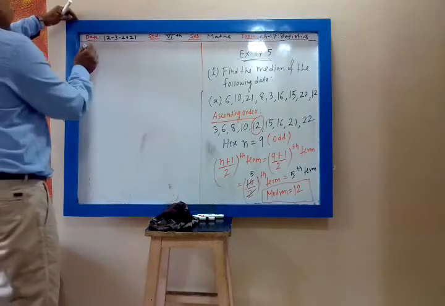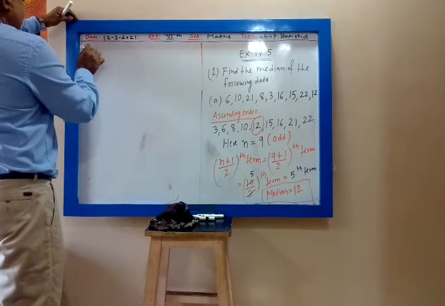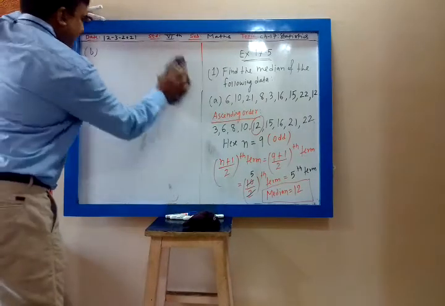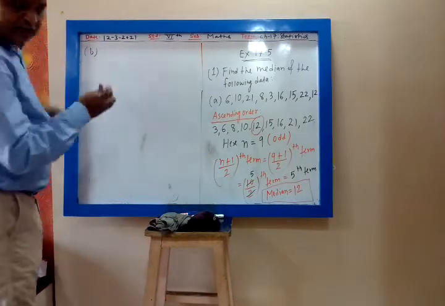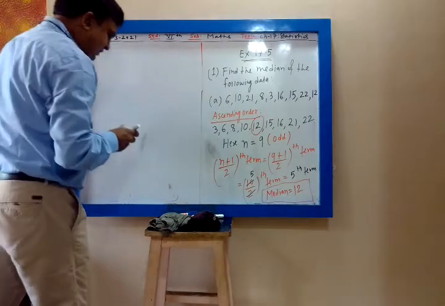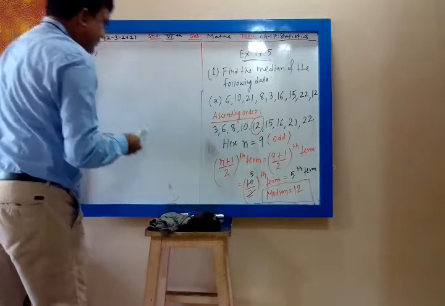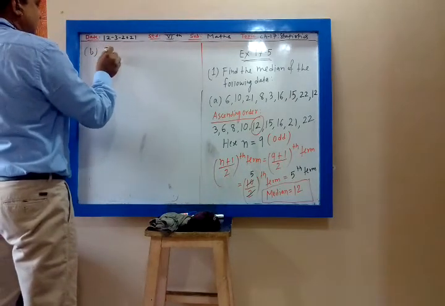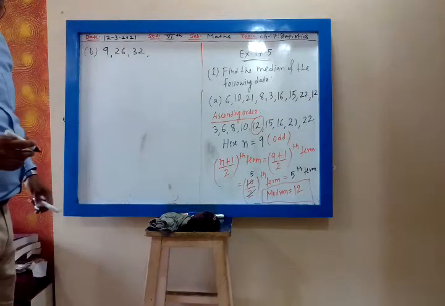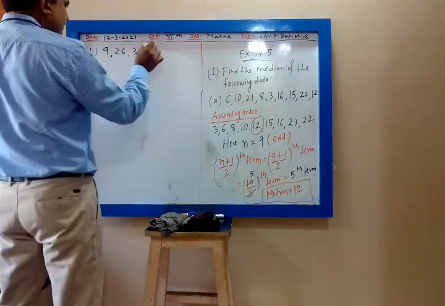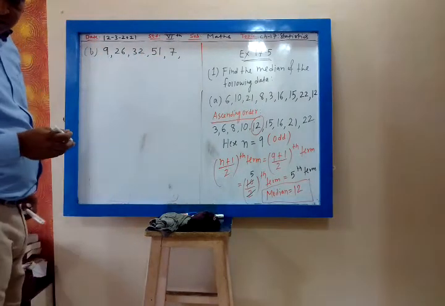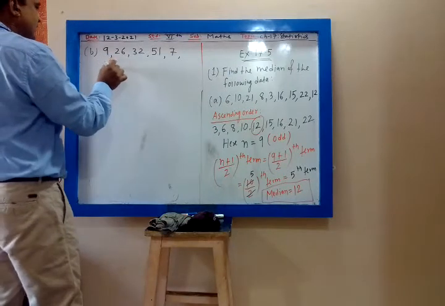Now B. The data is 9, 26, 32, 51, then 7, then 16, 37, 56.